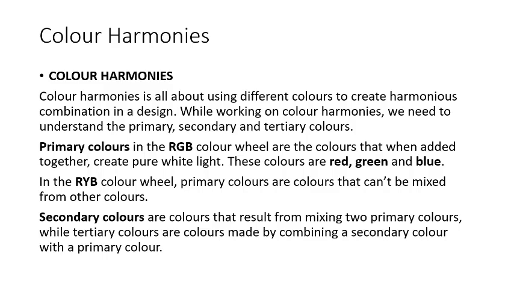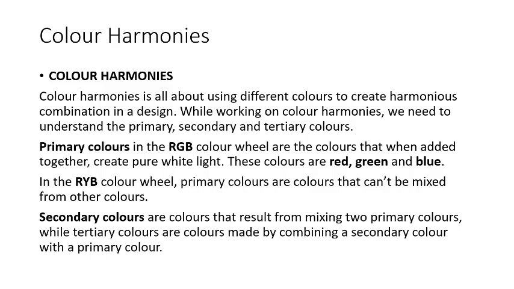In the RYB color wheel, primary colors are colors that can't be mixed from other colors. Primary colors are natural colors that, when added together, give other colors, but they cannot be gotten by adding other colors together. So that is primary color.